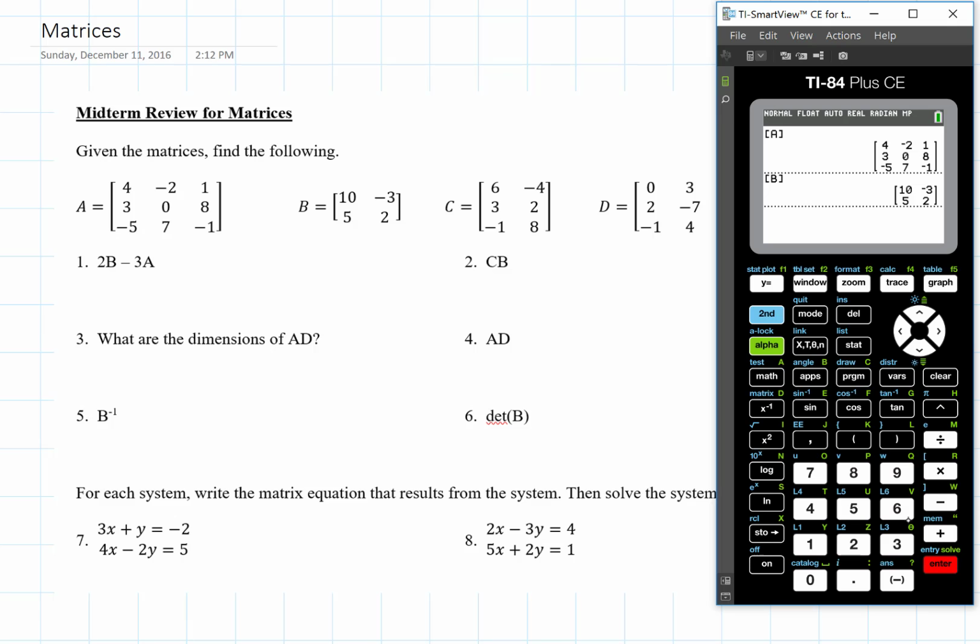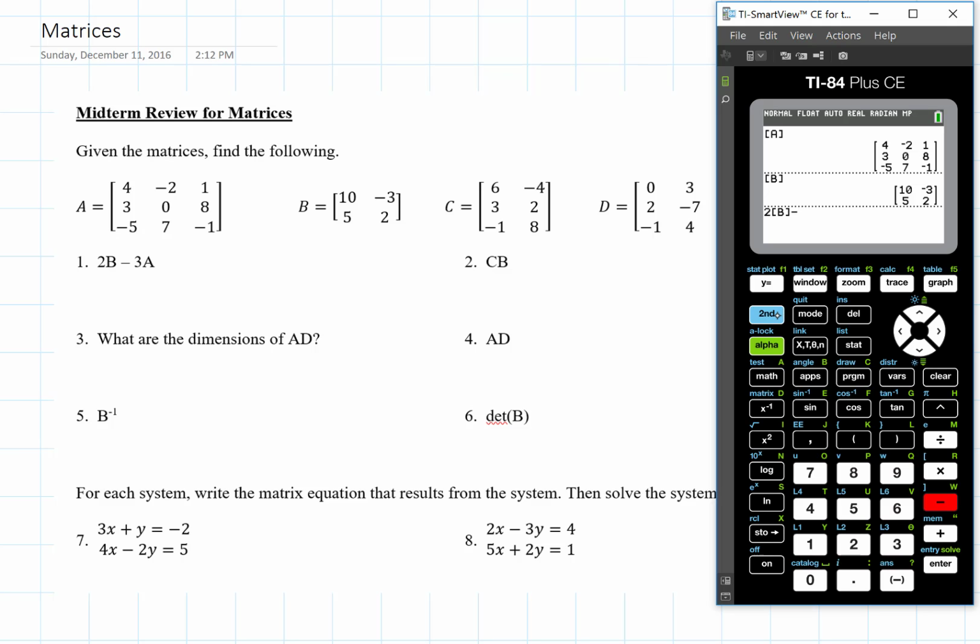Now, looking at question number 1, we can go ahead and just enter that question into our calculator as, let's see, 2 matrix B. So the scalar 2 times matrix B, so that means we multiply each element inside the matrix by 2.